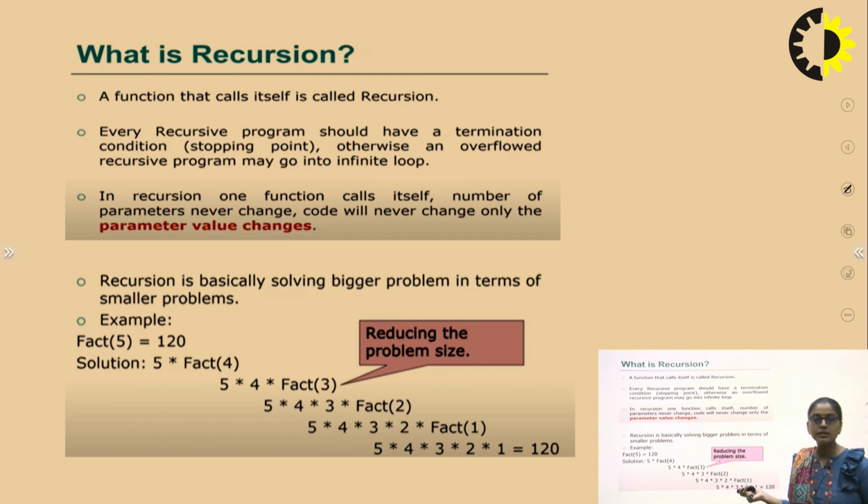Remember, this base condition is very important. Just like in a loop there must be a condition that breaks at some point, the base condition is how we move out of the recursive solution.